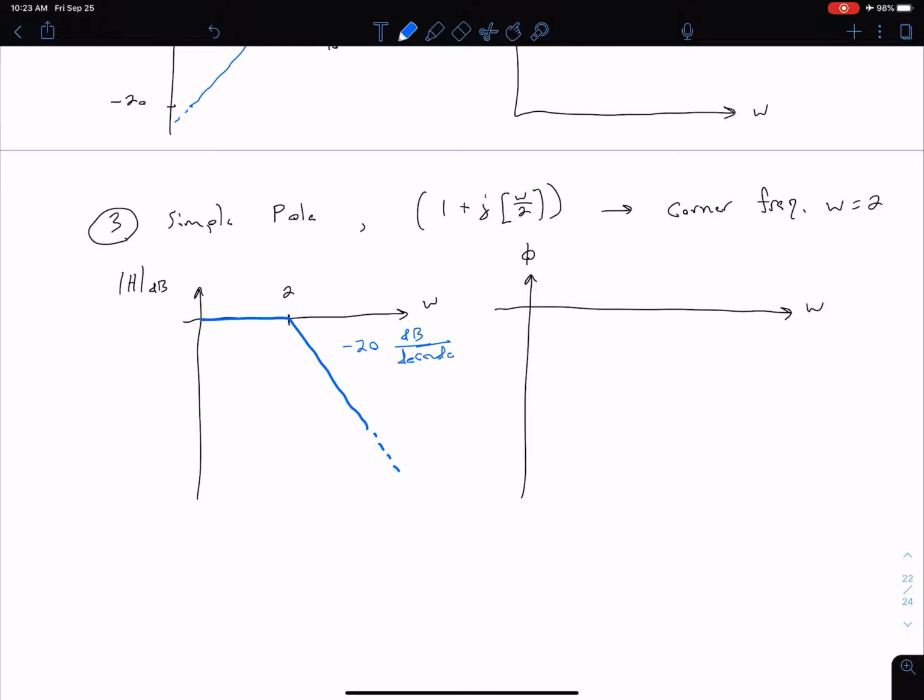So now for our phase information, we said sort of the key phase angles are negative 45 and negative 90 degrees for a simple pole. And the key frequencies are going to be 2 and then 1 decade to either side. So 0.2 and 20 in this case. So I've just multiplied and divided by 10.